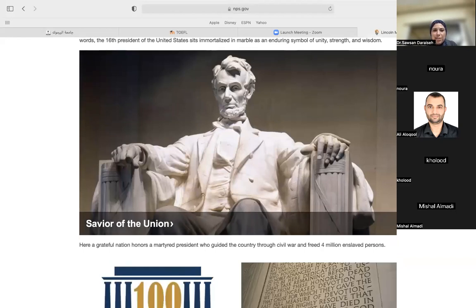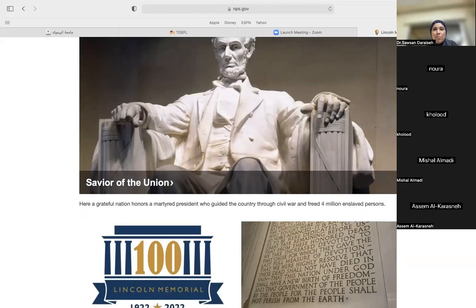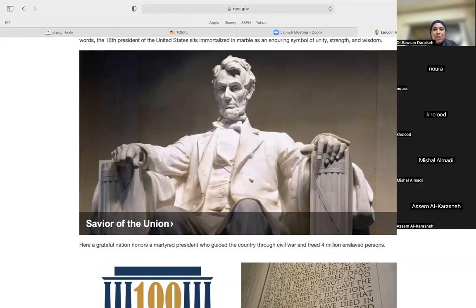And he was shot to death, guys, because of his legislation. Legislation means his law, where he included Afro-Americans to be citizens like the whites. And in this rule, he abolished slavery. Abolished means what? Ended what?